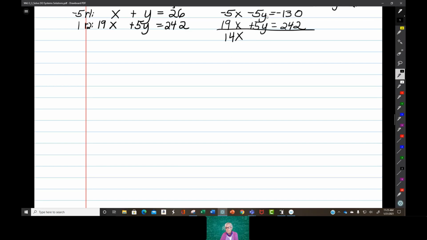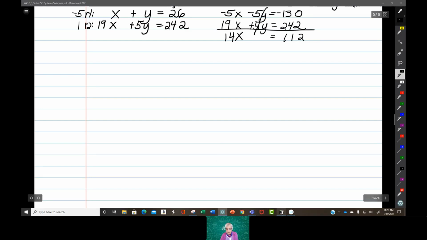Negative 5y plus 5y is 0, which is the whole reason I did it. And now, 2 minus 0 is 2, 4 minus 3 is 1, and 2 minus 1 is 1.